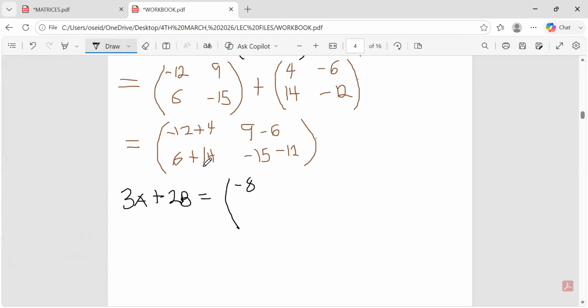Then 6 plus 14 will give us 20. Then 9 minus 6 will give us 3. Then -15 minus 12 will give us -27.